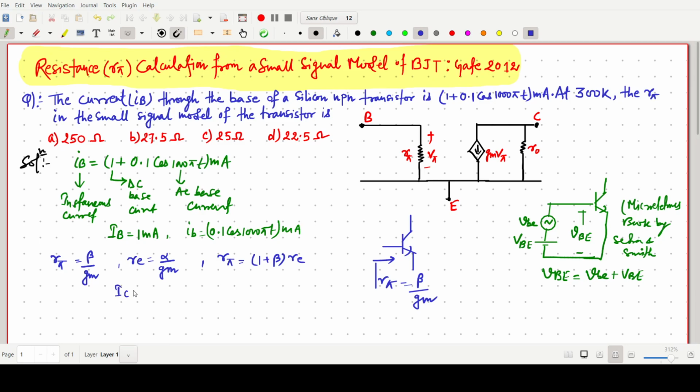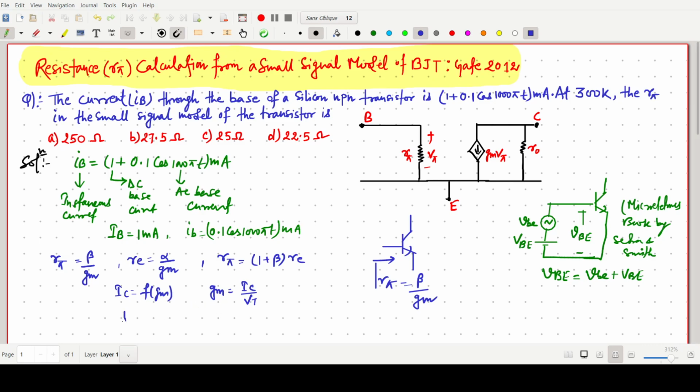One more relationship we know is Gm equals IC by Vt. We have already derived all these things. So IC can be written as Gm times Vt.